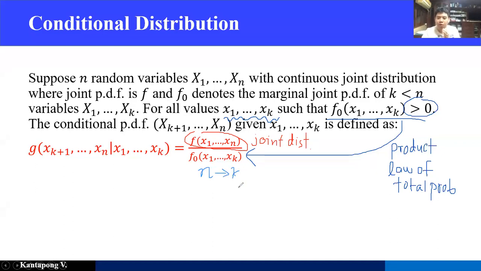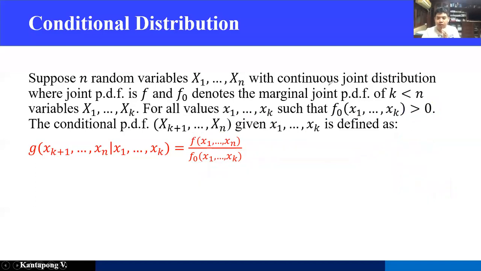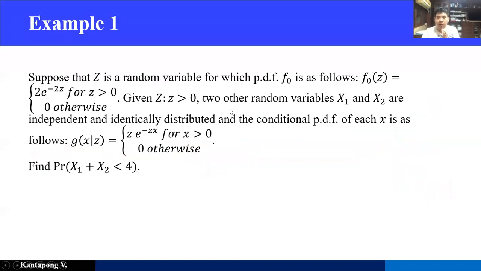To k variables. So this one is the marginal. Marginal is the concept of flattening out. This formula is very similar to what we have seen in previous videos, so I hope that you're familiar with this.